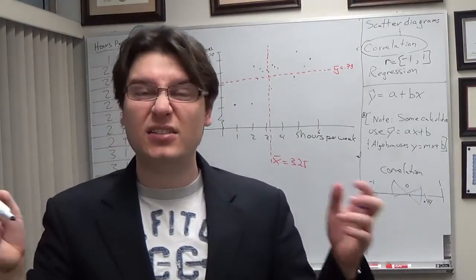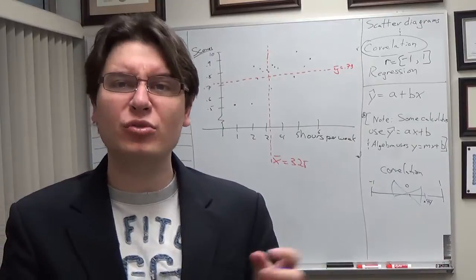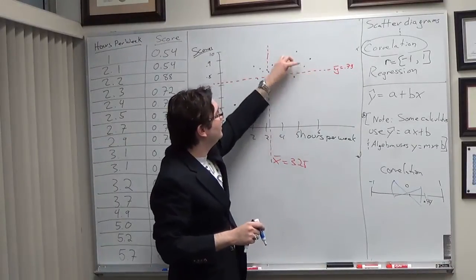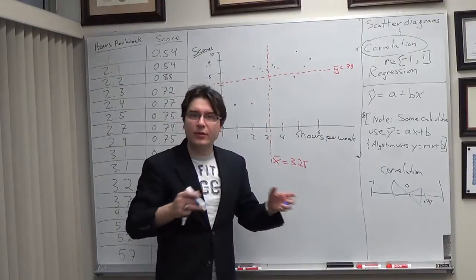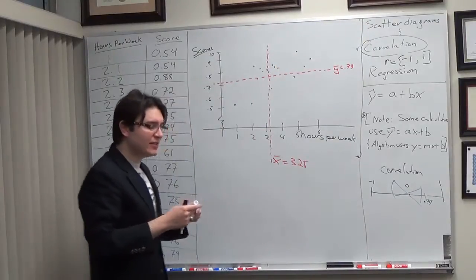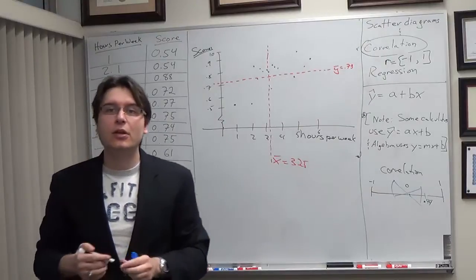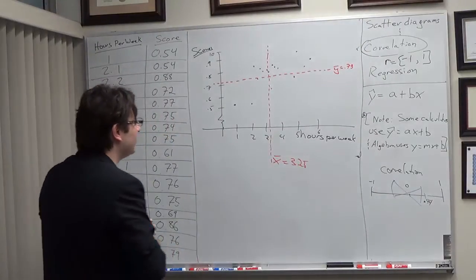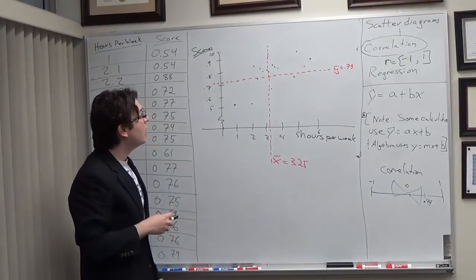We'd still have some unexplained error, but we'd be able to explain some of the error between this flat line and where this point is. Hopefully we could recalculate that. That would give us slightly more accurate estimates for what I expect a student to do if they work 5 hours a week or 4.